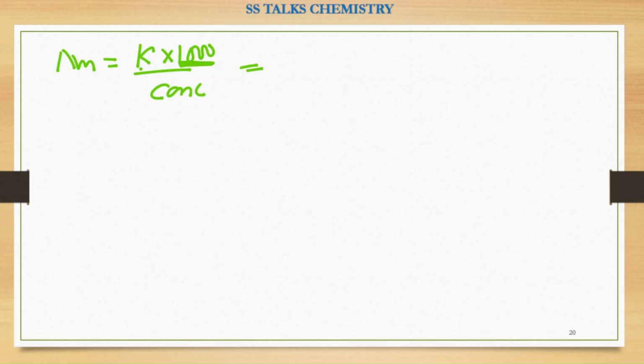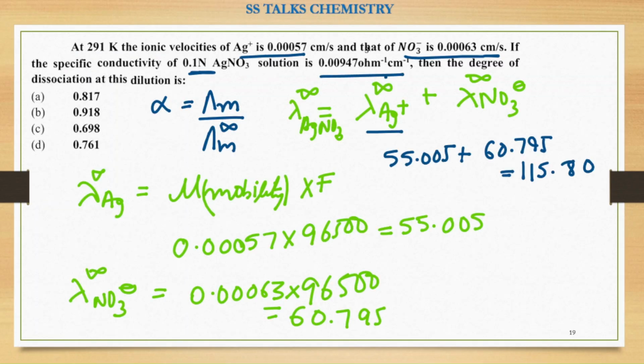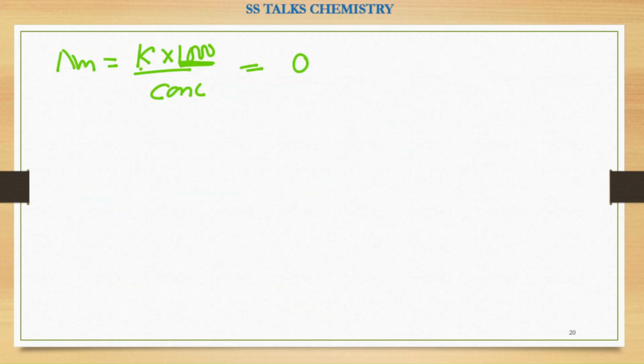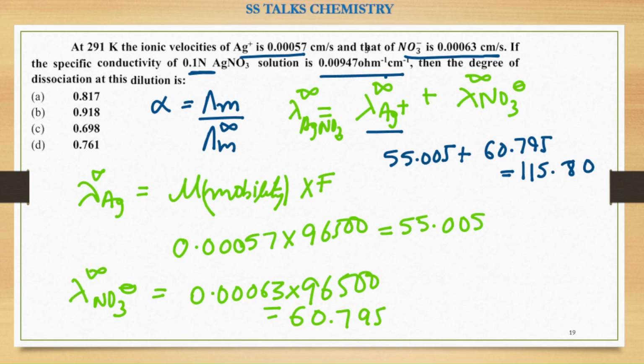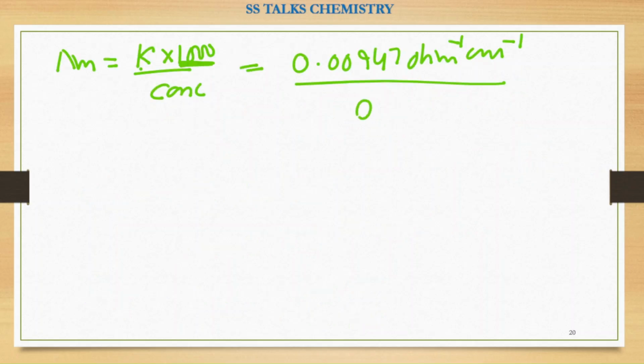So here the kappa is given to be 0.00947, in ohm inverse centimeter inverse. The concentration is given in normality; if you take molarity also, since the unit charge is 1, normality and molarity remain the same. So it is a 0.1 molar or normal solution.